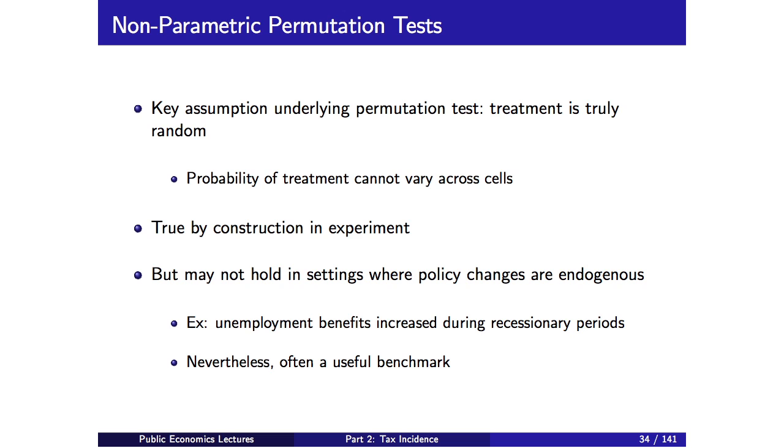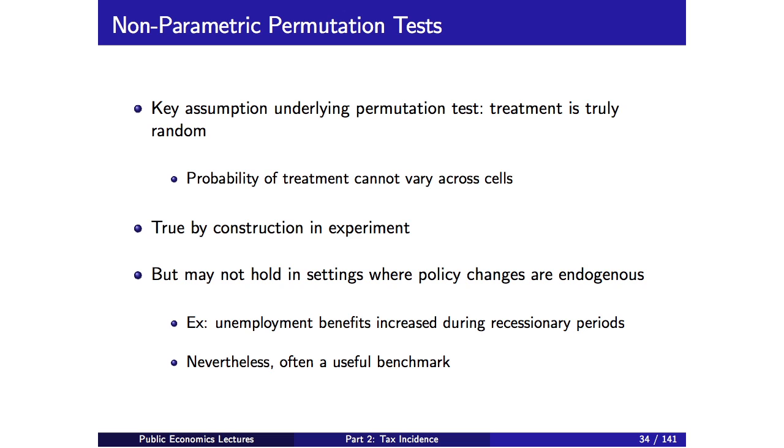So take a case where policy changes are endogenous, which is a natural case where you might think about a diff-in-diff setting, looking at the impacts of unemployment benefits. We'll talk about these kinds of examples later in the class. So what's the concern here? Unemployment benefits are not changed randomly. They're often changed during recessionary periods, for example, where we feel like we need to help people more.